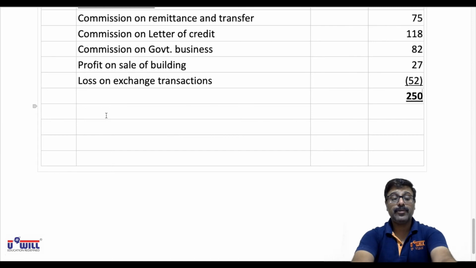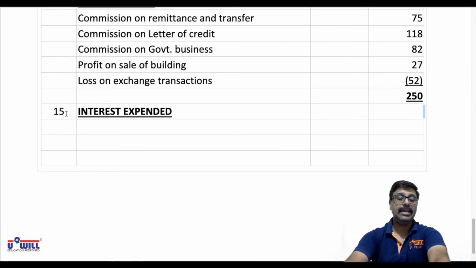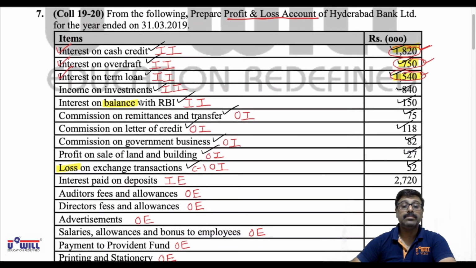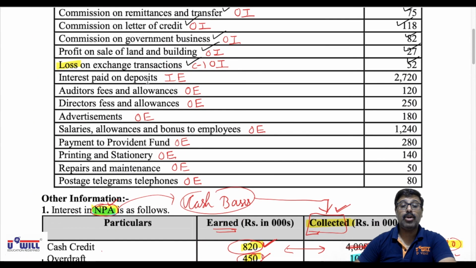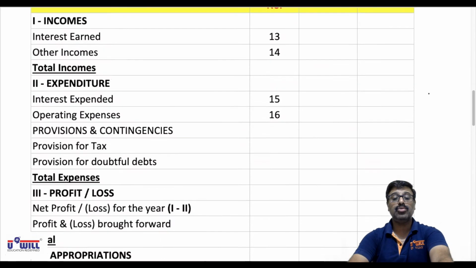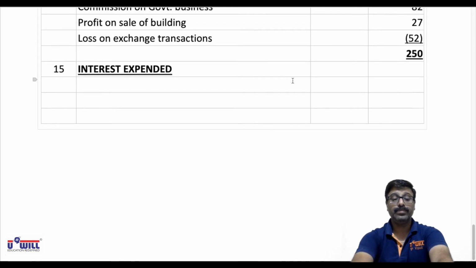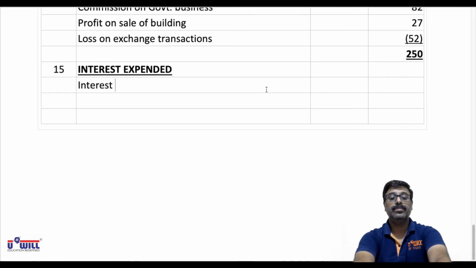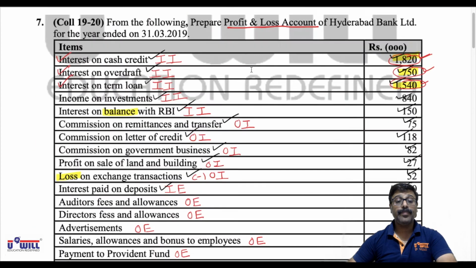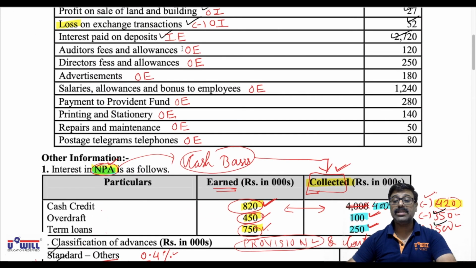Now after other incomes, schedule 15, what we will be making is interest expended. All the items marked as IE. Very first what we have in that is interest paid on deposits 2720. I'll write down interest paid on deposits 2720. Then after that we have auditors fees and allowances 120.